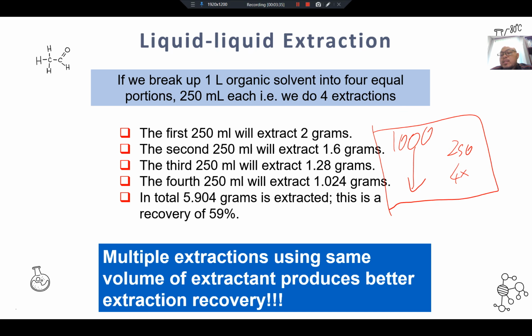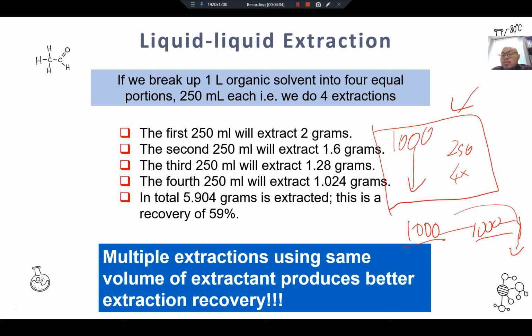Of course lah, if you imagine first you use 1000 and then the second one you use 1000 and then the third one use 1000, of course you can get a much better extraction than this. But we need to think that this will consume too much solvent, and then of course your analyte will be diluted, and then you need to evaporate it.